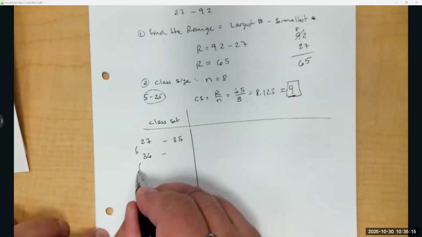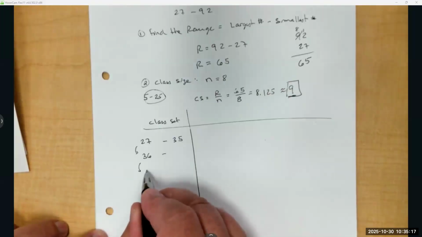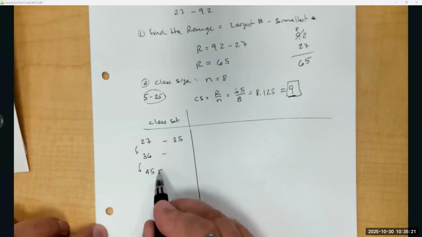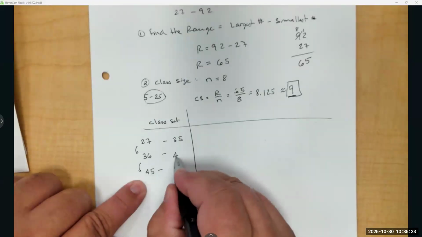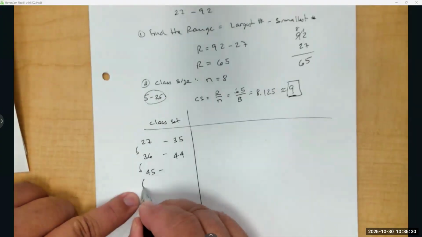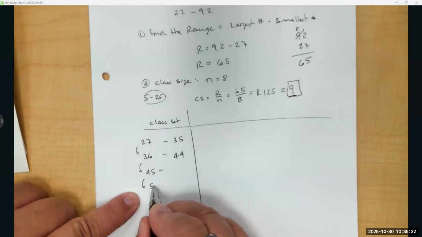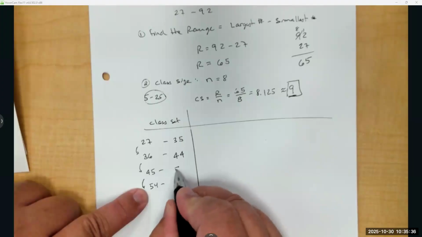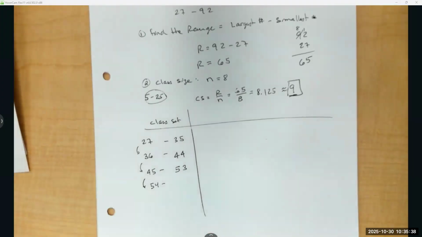So I add 9 again. 36 plus 9 is 45, so this one has to stop at 44. Add 9 again, we get 54. That means since this one's 54, the one below that has to go to 53. You see the pattern how this is formed?